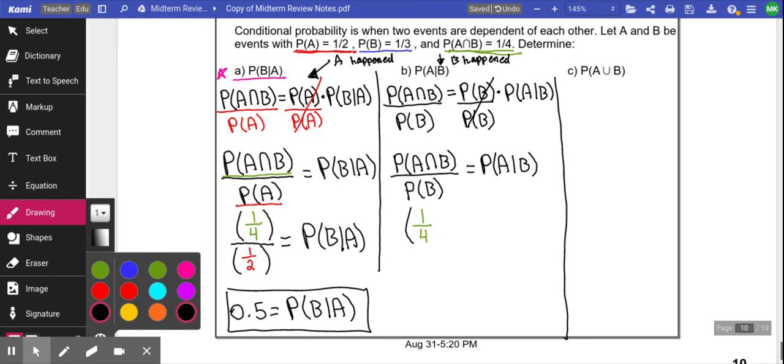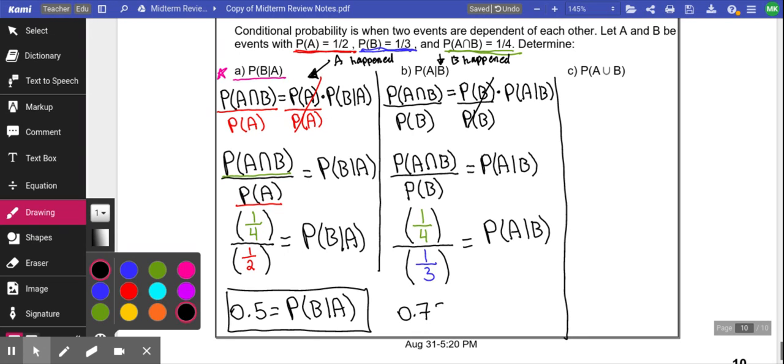Put that in brackets. Divide that by the probability of B, which is 1 over 3, as I see up here at the top. Close those brackets. So in your calculator, 1 divided by 4, divided by 1 divided by 3, and we get 0.75. That is the probability of A happening given B happened.